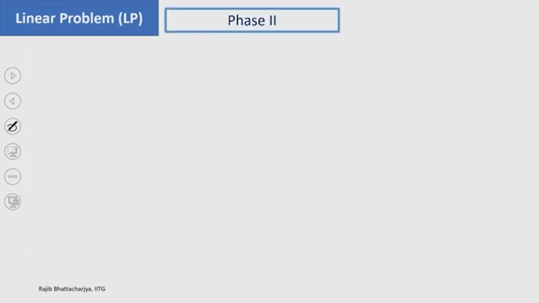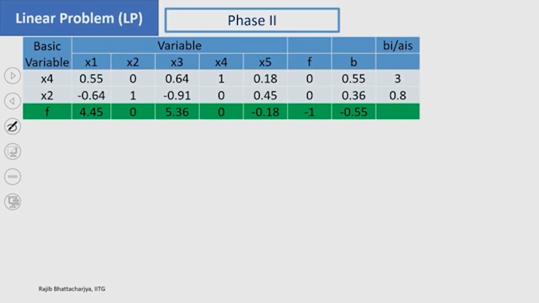So what will phase 2 be now? In phase 2, I will remove the last objective function, the phase 1 objective function w equal to y 1 plus y 2, and now I will consider the original objective function from the last table of phase 1. Now if you look at the objective function rho, is there any negative value?